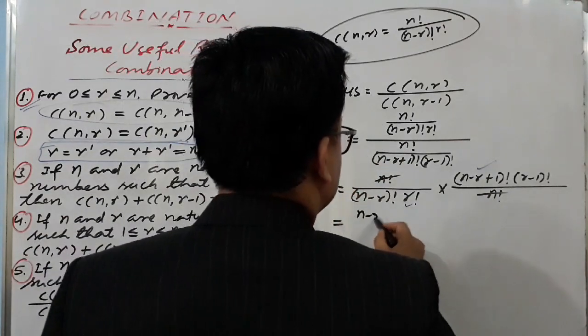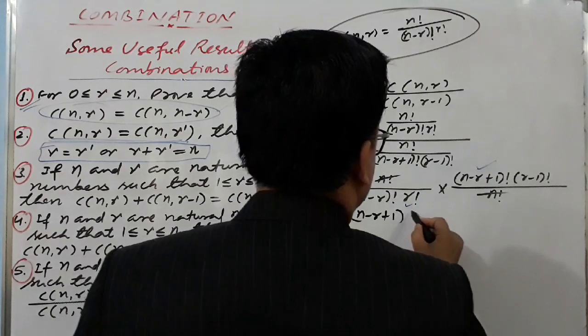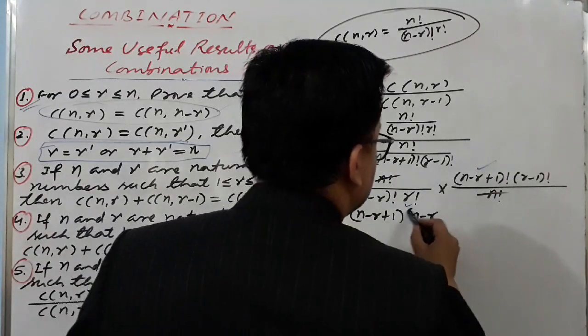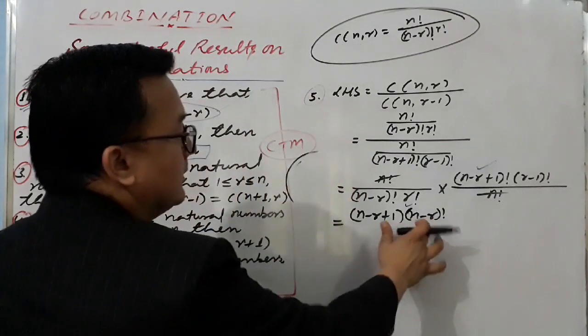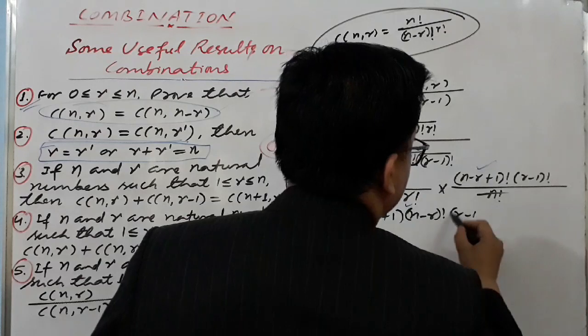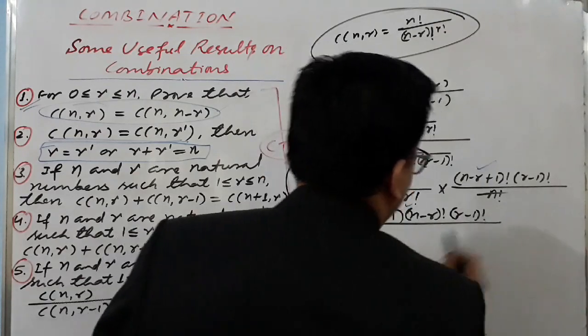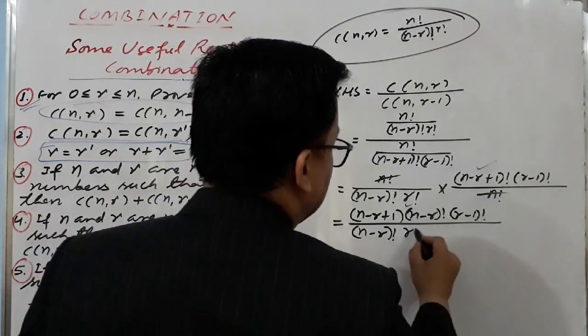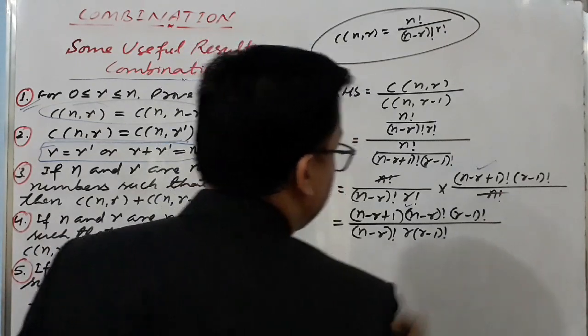Here we can write n minus r factorial, times r minus 1 factorial over n minus r factorial, and r you can write as r into r minus 1 factorial.